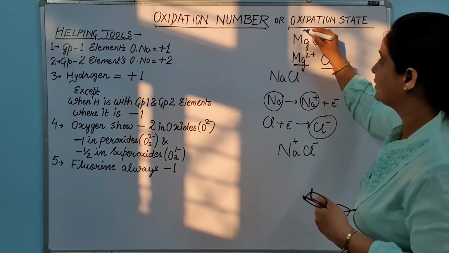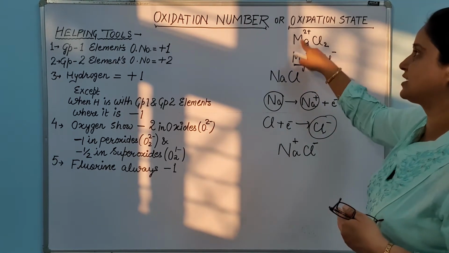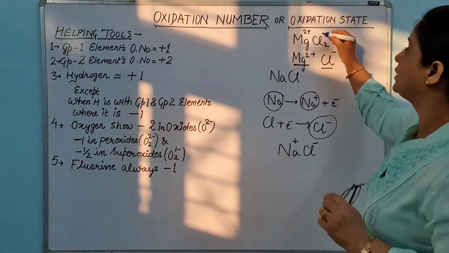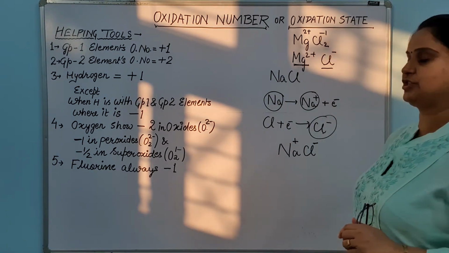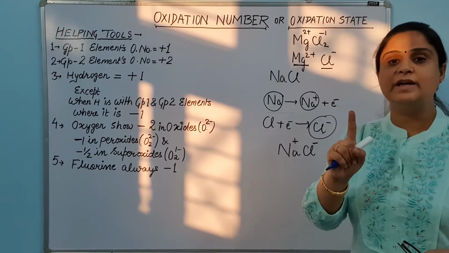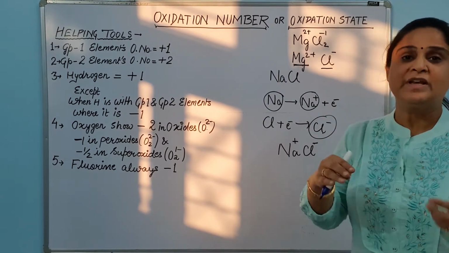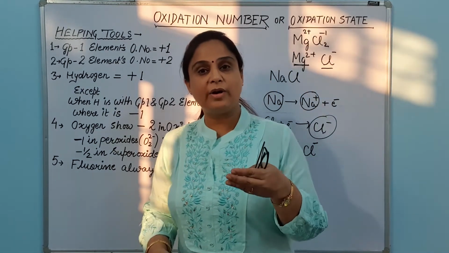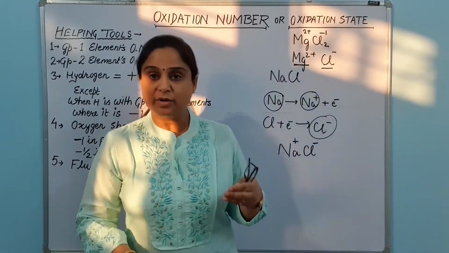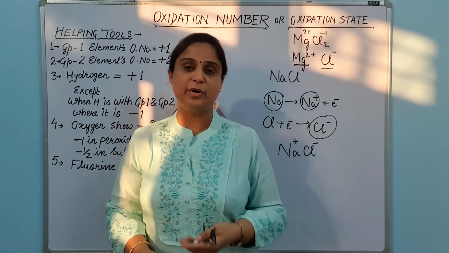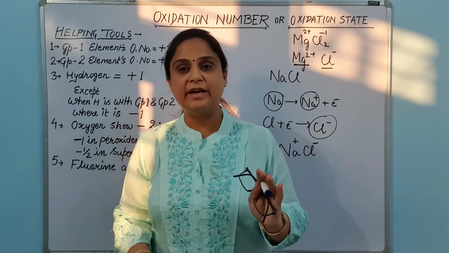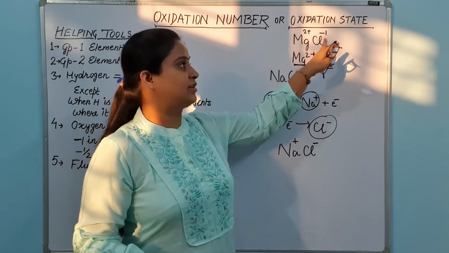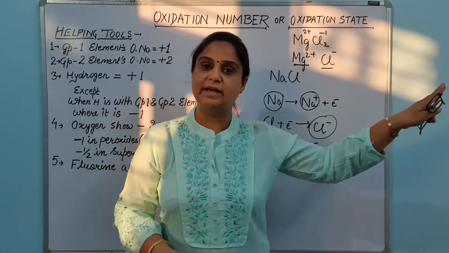Magnesium is having +2 oxidation state here because it has lost 2 electrons, and chlorine is having -1 oxidation state because one atom has gained only 1 electron. So this is called oxidation state. So whatever the charge is present on an atom in the molecule, here we are discussing only ionic compounds, that is called oxidation state of that element in that molecule.